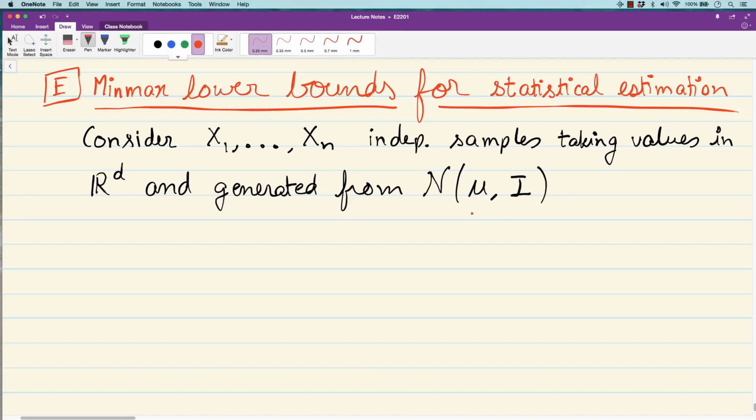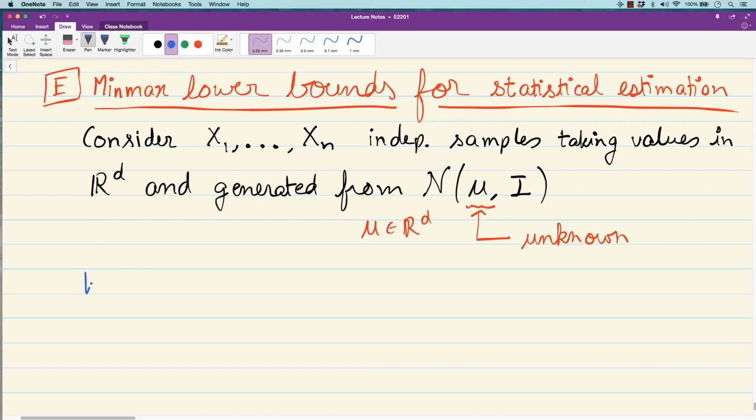Now this mean mu, which is some vector in d dimensions, so this mu is in R^d, is unknown. And our goal is to estimate this mu by looking at x1 to xn. So that's what we want to do.